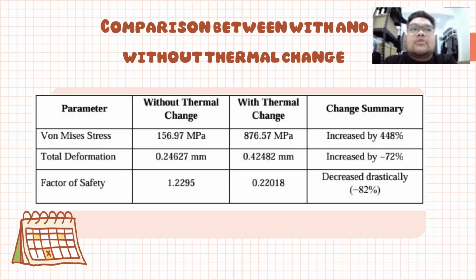For the total deformation, without thermal change it is 0.24627 mm, and with thermal change it is 0.42482 mm. It increased by 72%. The factor of safety without thermal change is 1.2295, and with thermal change is 0.22018. So the value decreased drastically, around 82%.